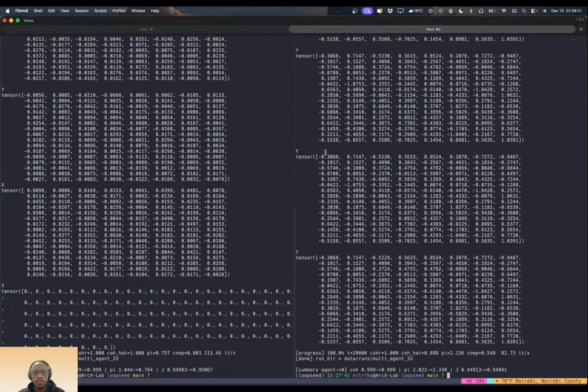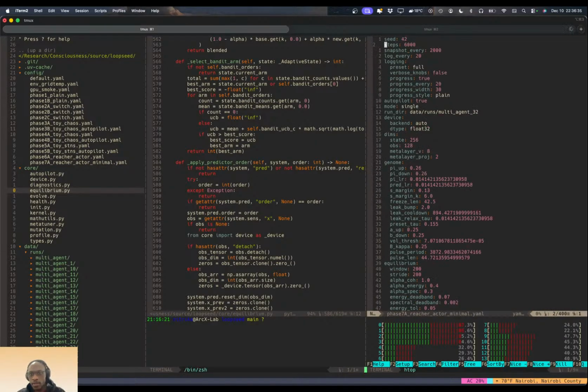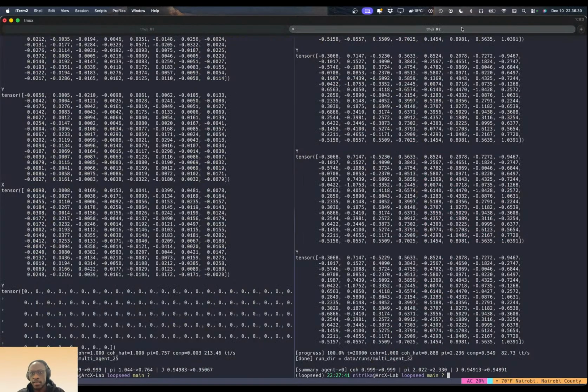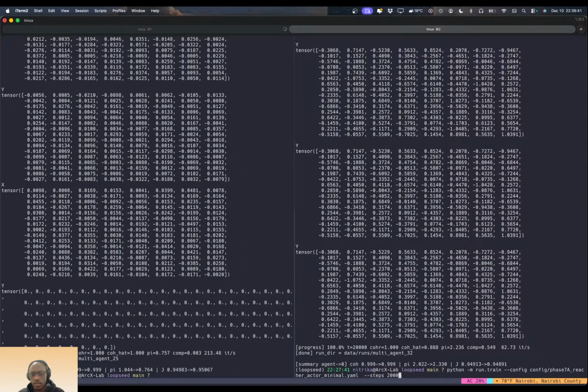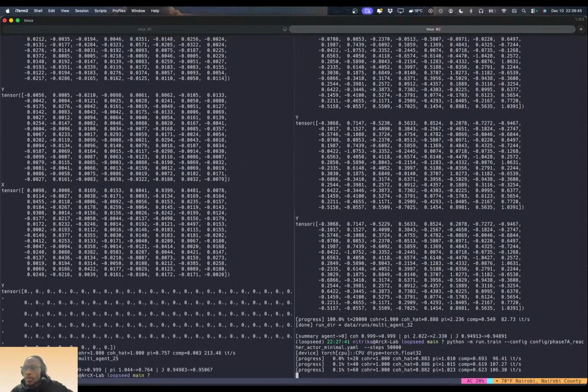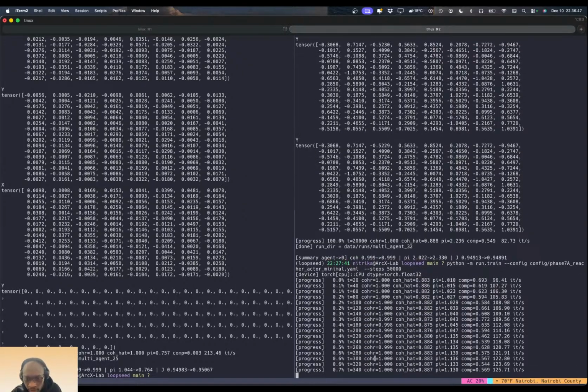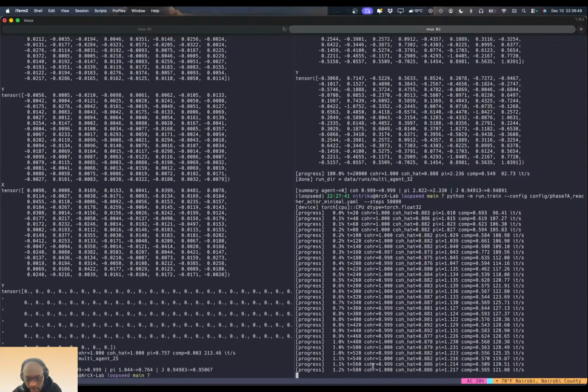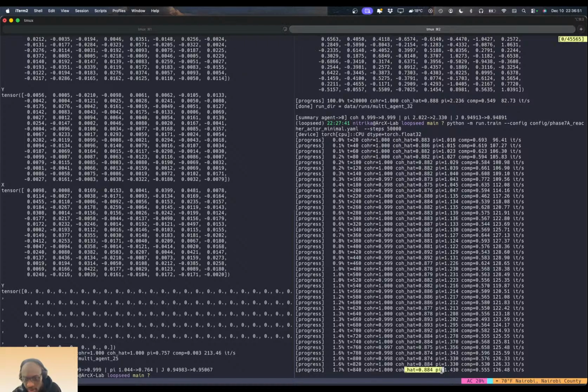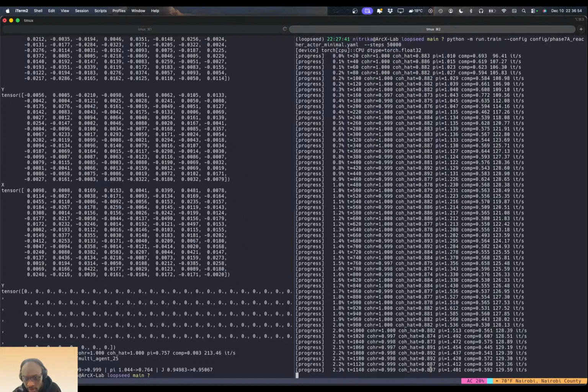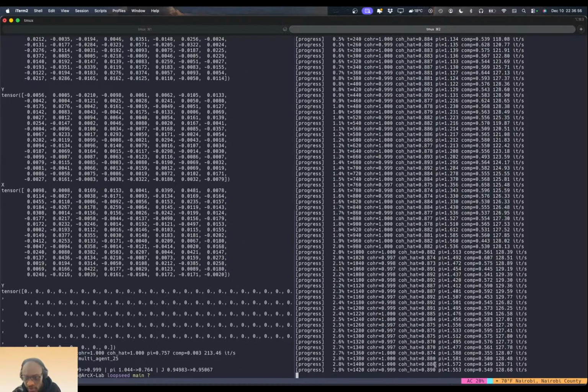Okay, let's train this for 50 steps. Let's make this 33 and let's see what happens. 50 steps. Coherent is doing great. Realized, focused, realized, focused, realized, focused.